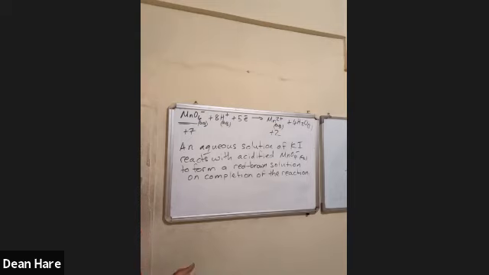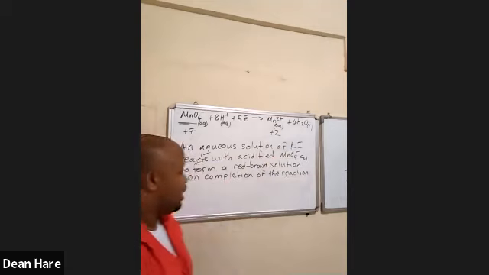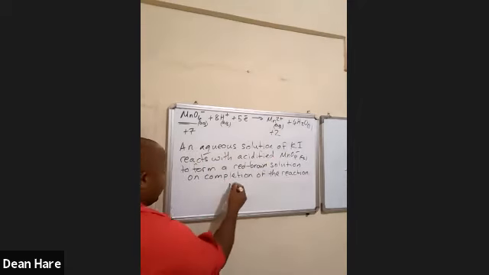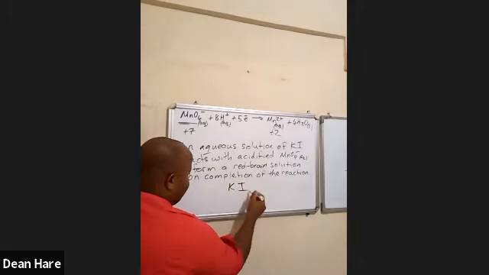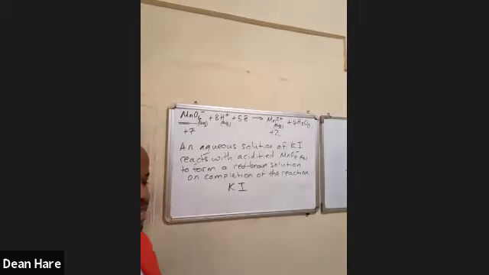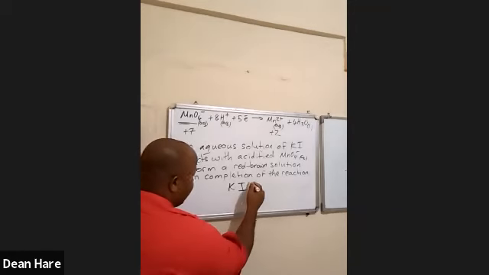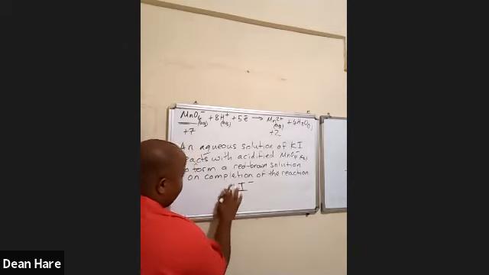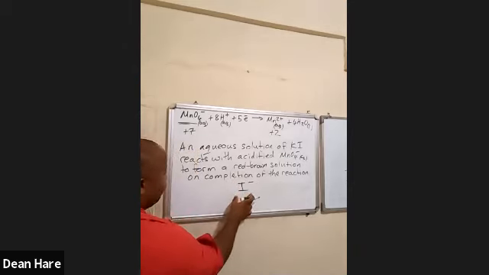So on the exam, what is happening here? An aqueous solution of KI. Which of these are we really interested in? The iodine. That is correct. And this is I minus, so it's the iodide ion.